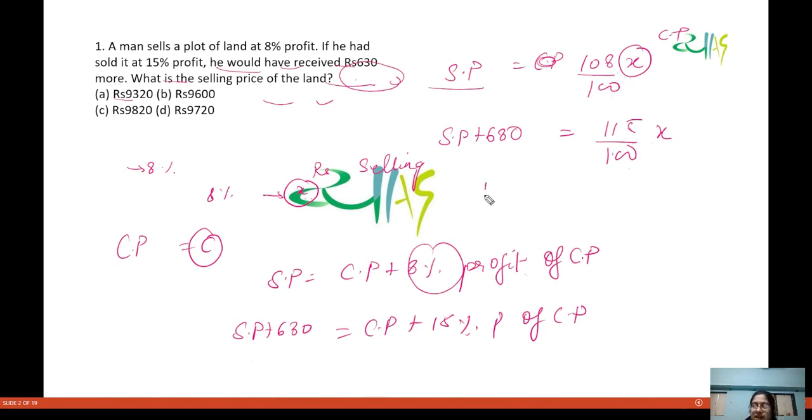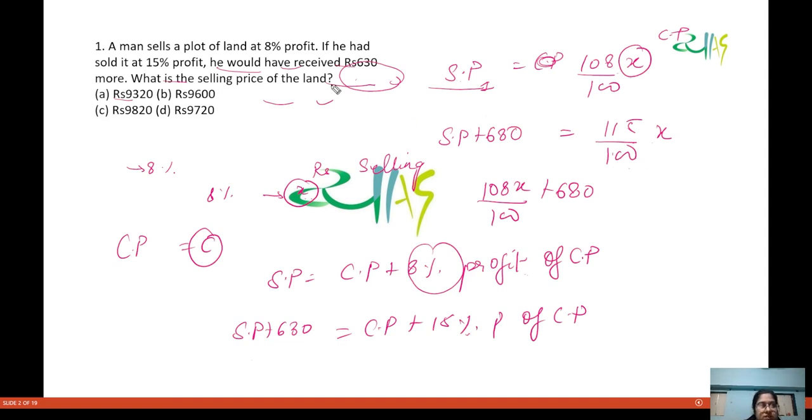Now you can put this here, so this will become 108x divided by 100 plus 630, because this is the initial selling price that we are having. So you add this here, because this is x.